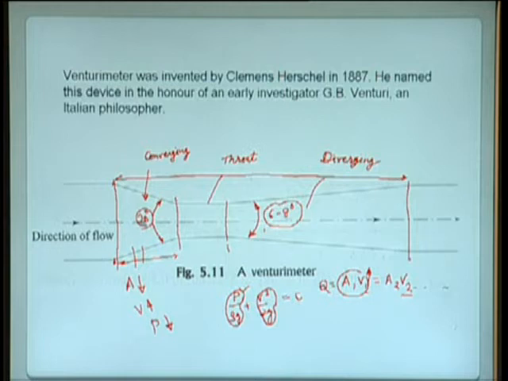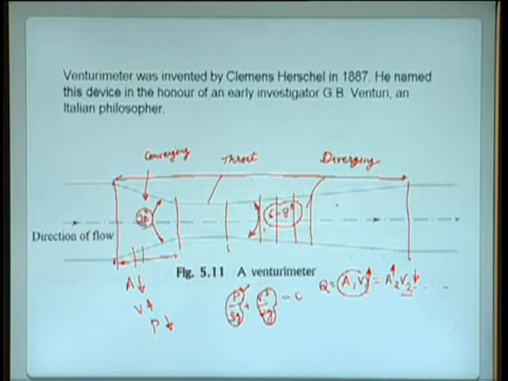But in the diverging portion, at different cross sections on the downstream side, the area is increasing. When the area is increasing, what happens to the velocity for the same mass flow rate? With the help of the continuity equation, velocity decreases. When velocity decreases, P over rho g increases.